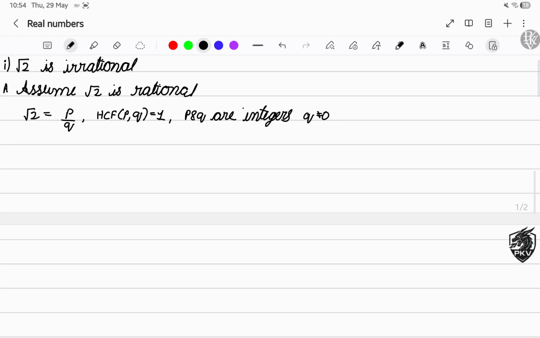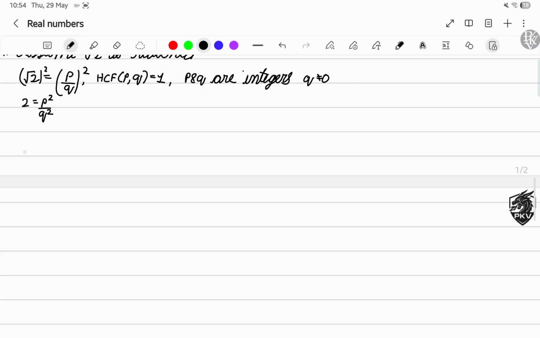Now if this is the case, I'm going to square both sides. If I square this side and I square this side, that is 2 is equal to P square by Q square. Okay, simple. Now you cross multiply and you will get 2Q square is equal to P square.